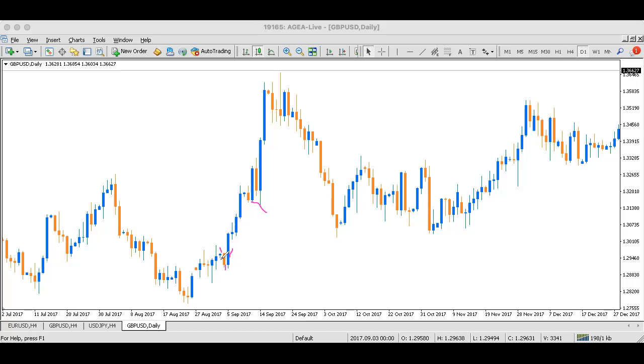No, not really. See, this is the bullish candle, and you have a bearish candle, and we have another bullish candle.